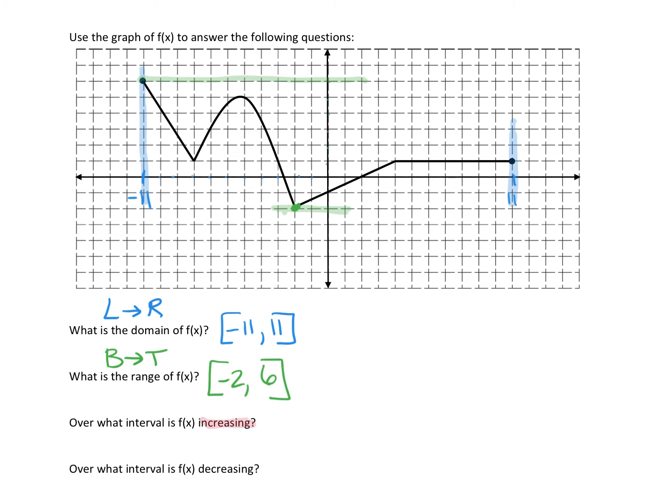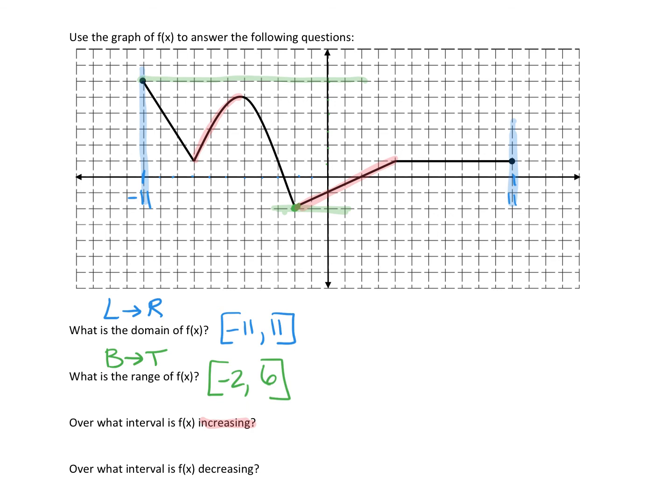So if I'm reading the graph from left to right, if I look at this first piece, it's decreasing, then it increases, then it stops increasing, then it decreases, then it increases, and then it's constant. So the two places I highlighted in red are where it's increasing.